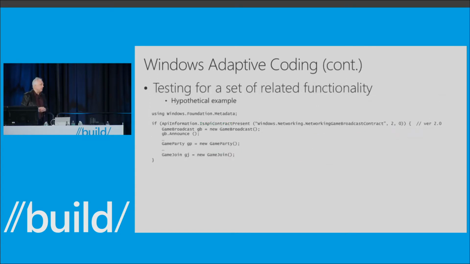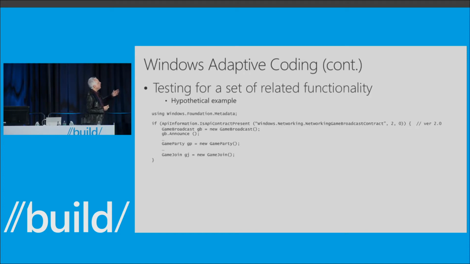And here's just a further example for another hypothetical, where I at least remembered to put hypothetical. A game broadcast contract where I'm using a bunch of imaginary types that exist in that contract. Again, I do one check. I make sure I don't execute the code that actually references the types, and everything's good.